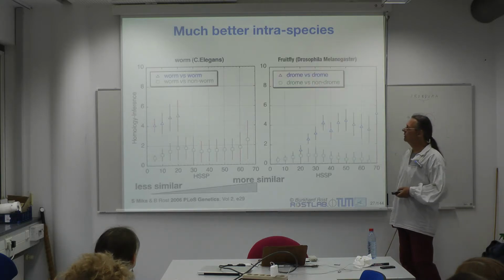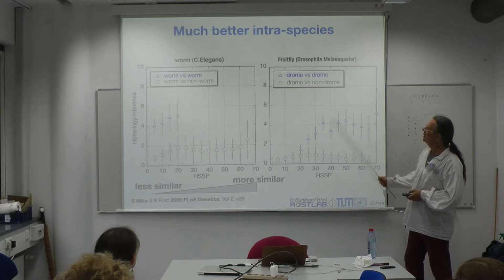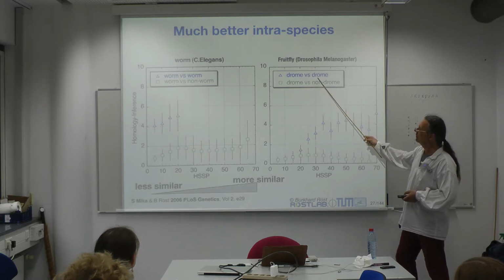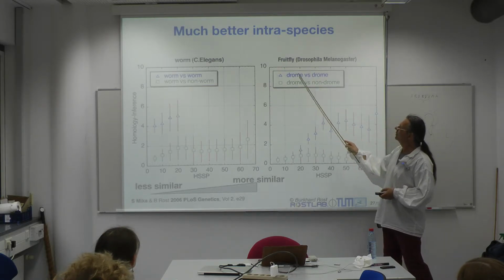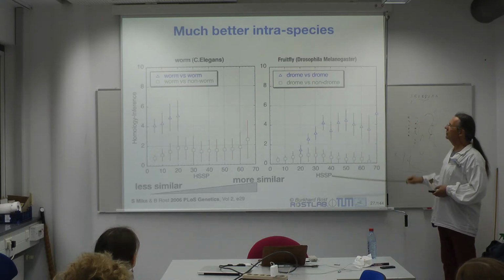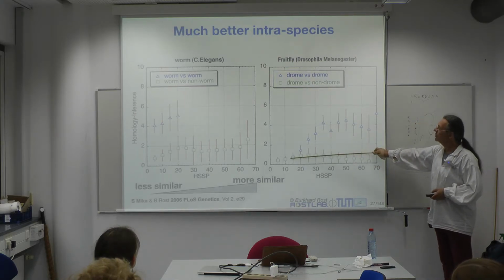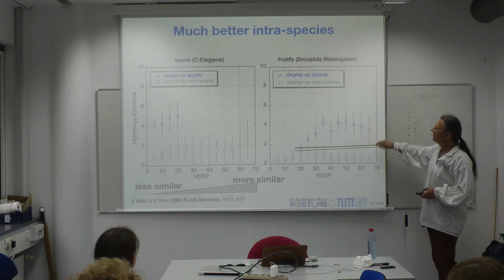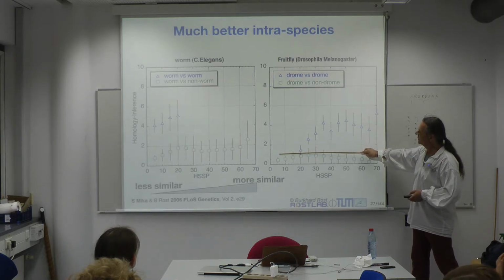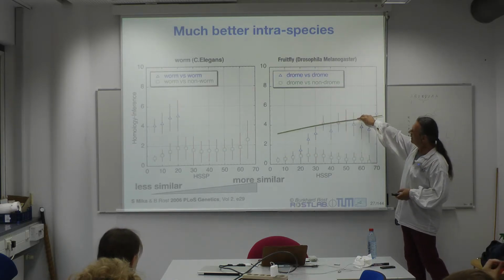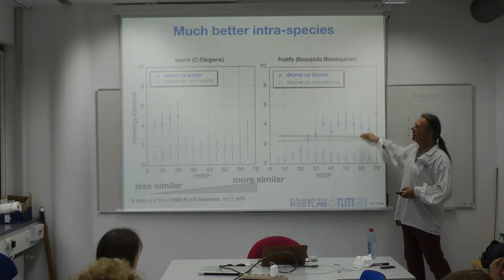And then they make you repeat and repeat and repeat. So here is the same story for fruit fly versus fruit fly. So orthologs here. The orthologs for fruit fly versus everything else, and then the paralogs within fruit fly here.